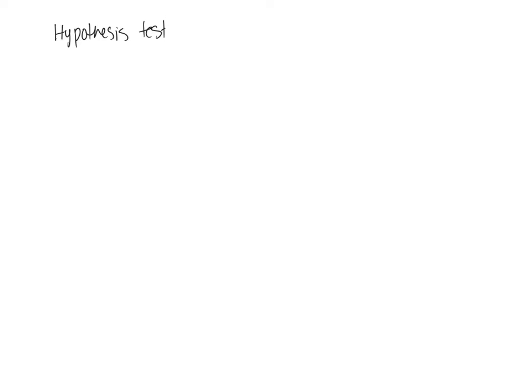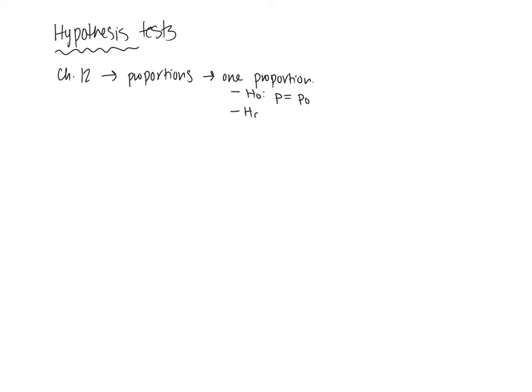Other really big idea: hypothesis tests. So in chapter 12, we had hypothesis tests for proportions. The most basic case was one proportion. So something like H naught: P equals P naught, and HA: P not equal to P naught, or P bigger than P naught, or P less than P naught.